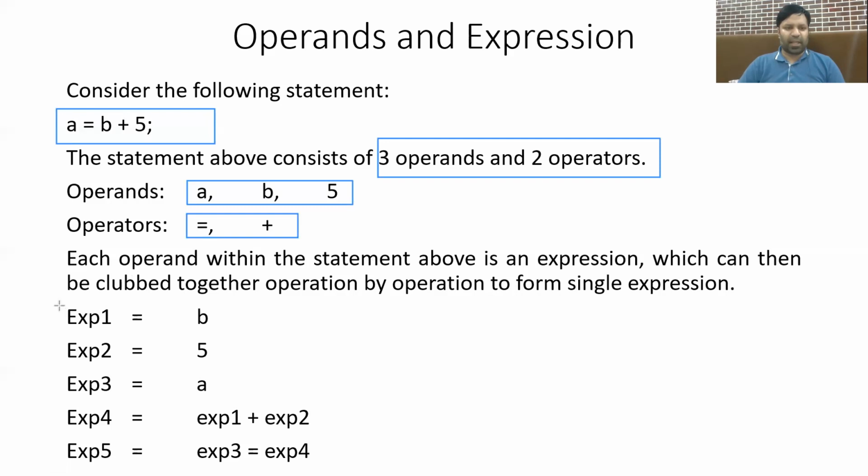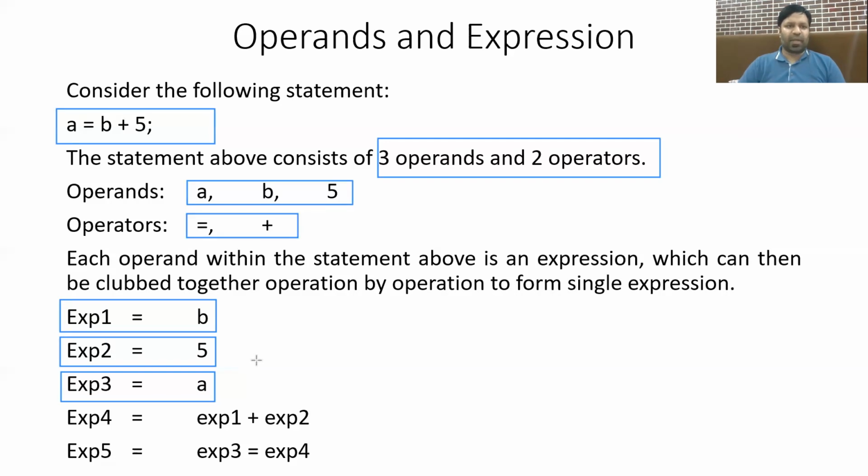Please have a look at the explanation given below. Now B is one expression, so we name it as expression 1. 5 is another expression, so we name it as expression 2. And A is the last individual operand as an expression, expression 3.